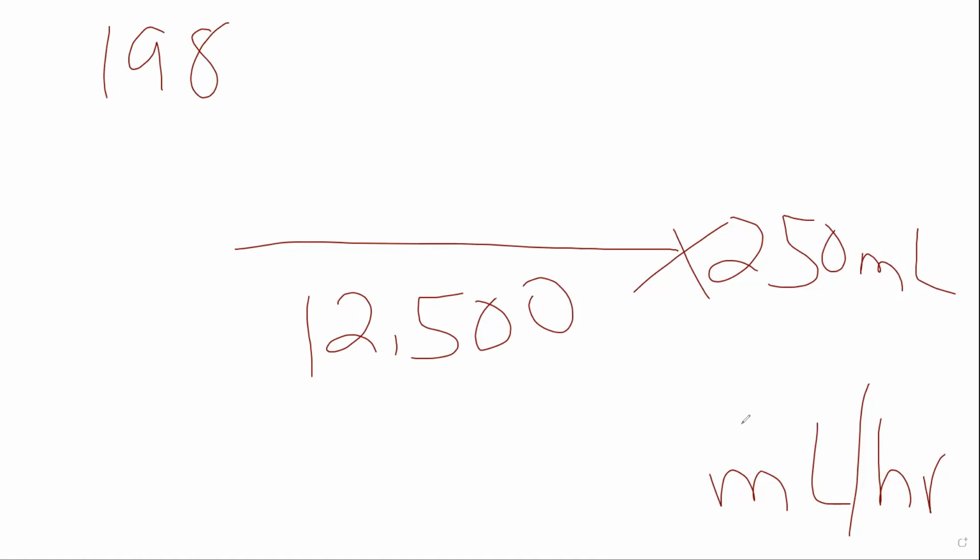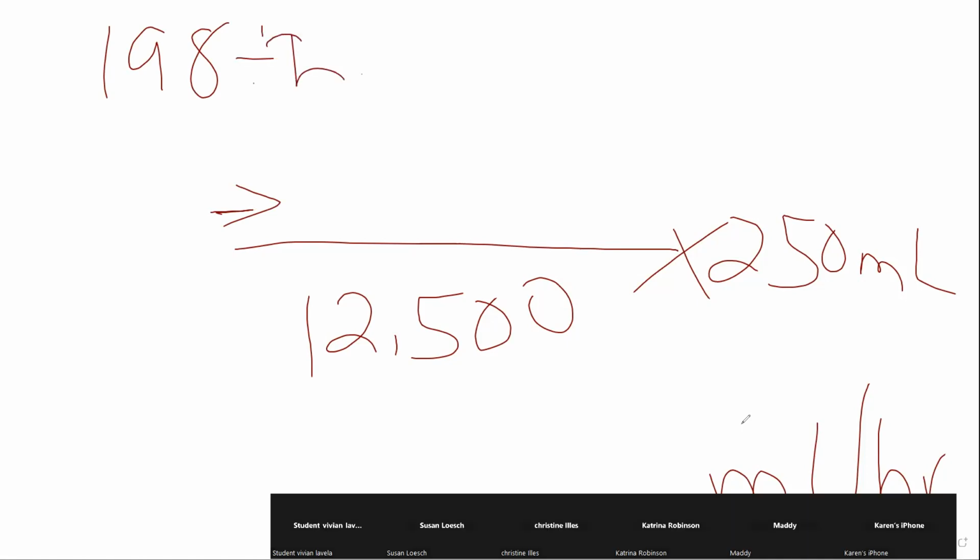All right, so we start with our weight of 198. Now we need to get our desired dose because this is what's going to go here, okay? So your 198 divided by your 2.2 gives you 90 kilograms.